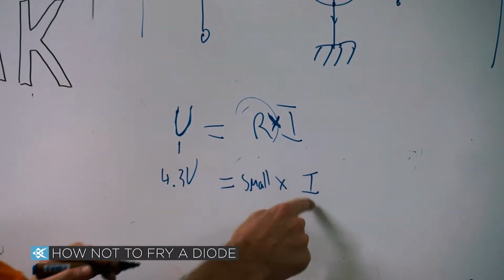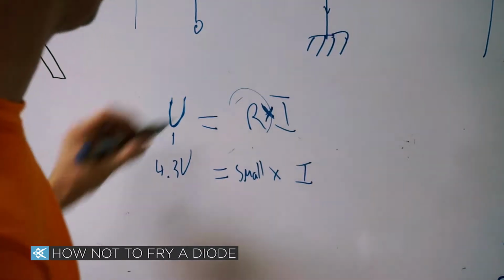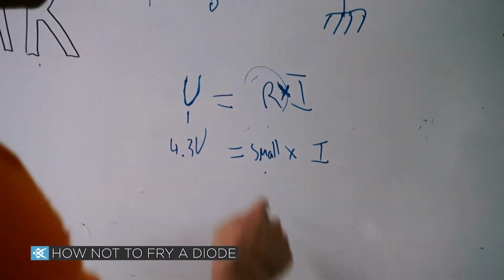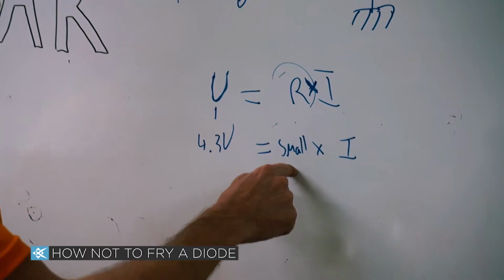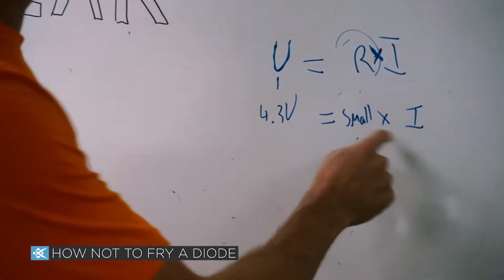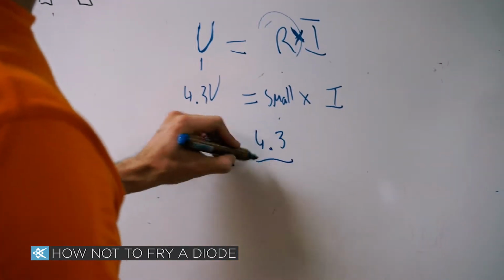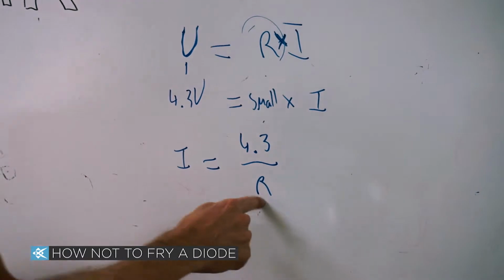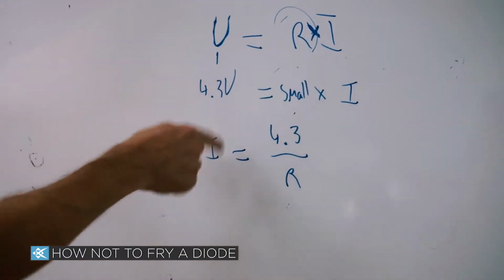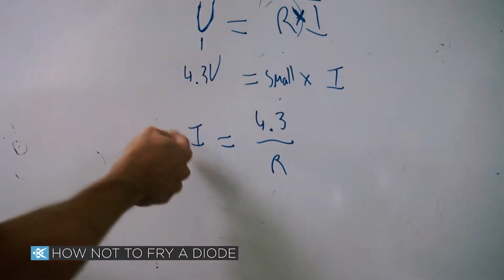But then you suddenly realize that the intensity of the current that's going to go through here depends on that resistance. So the smaller the resistance, the larger the current, because this product is always equal to 4.3 volts. So in fact, I equals 4.3 divided by R, which we know is small. If R was 0, then this is infinite, which is very bad, right? But even if it's very small, it's going to be very high.